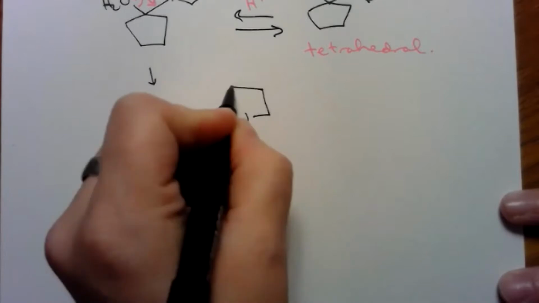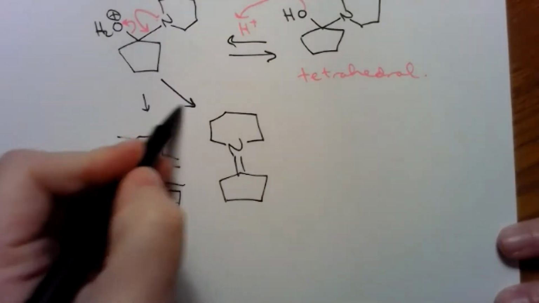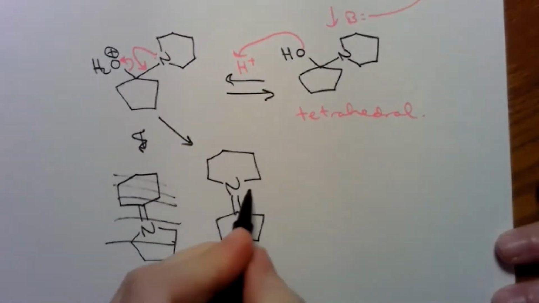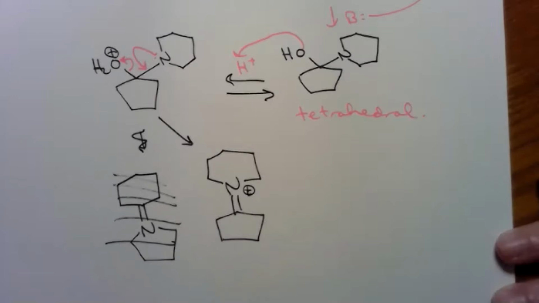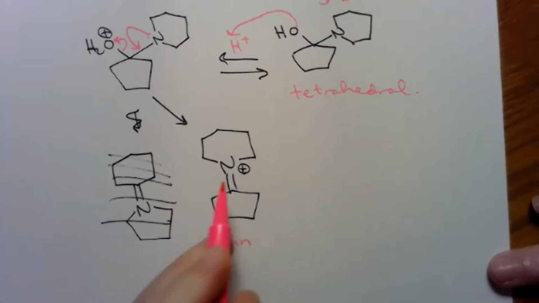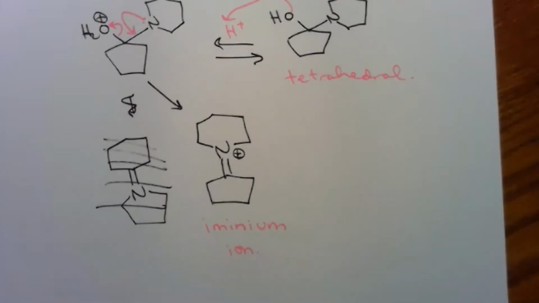You would think I'd be more professional than this, but no, I'm not. We know me. You get here. This looks like an imine, but it's a nitrogen with a positive. It's an iminium.